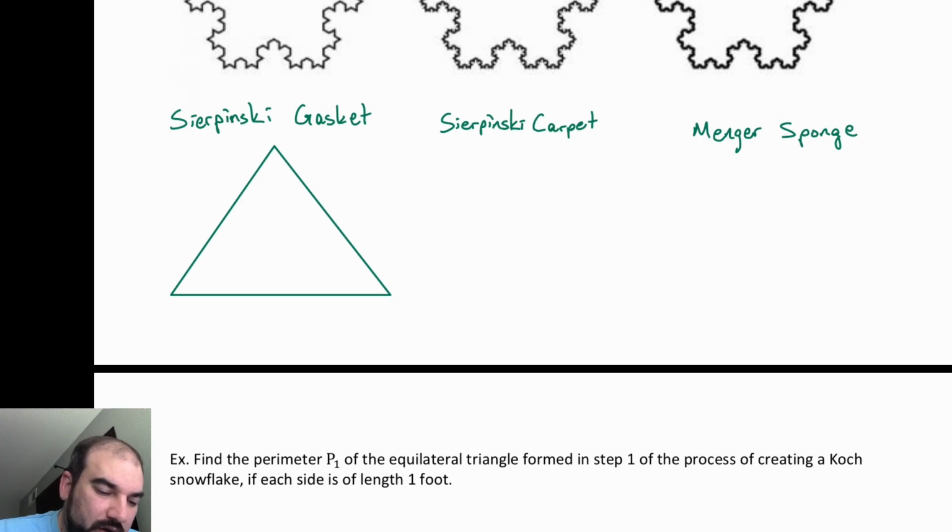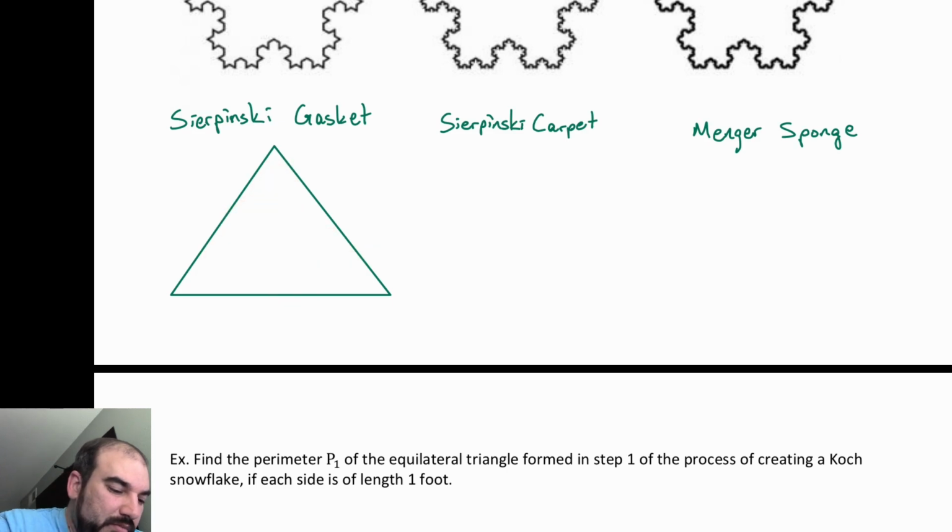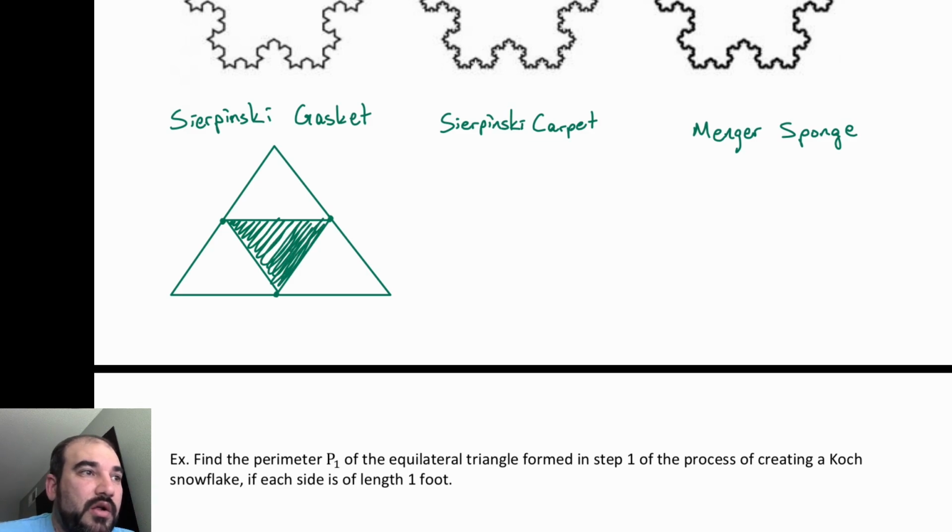So we start with a filled-in triangle, and then we connect the midpoints of the three sides, and we remove this central triangle from the figure. And now we have essentially three copies of the original triangle, just smaller, right?